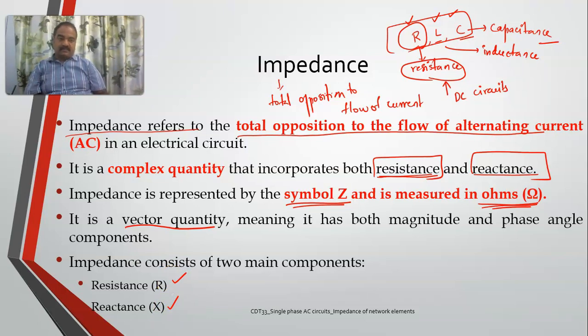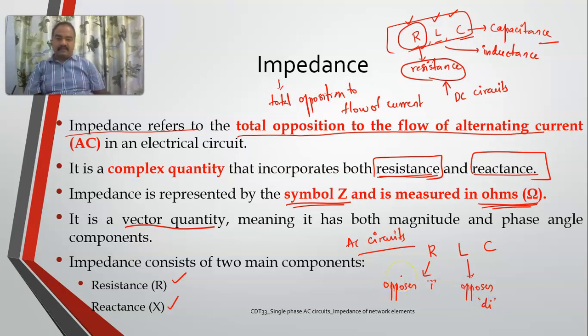But before going for that, let me say one thing, which I have already told you before the start of this course. 3 elements in AC circuits. Resistance opposes the flow of current. Inductance opposes change in current.